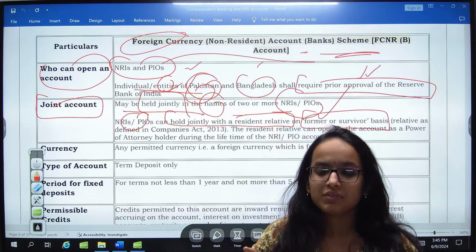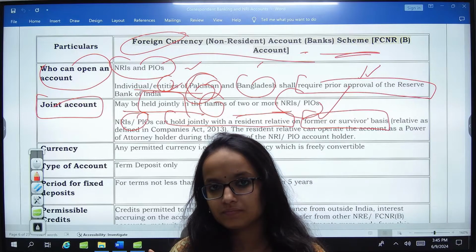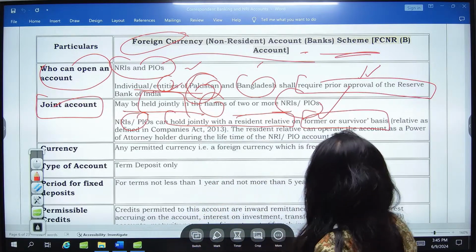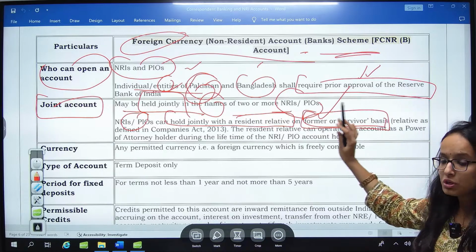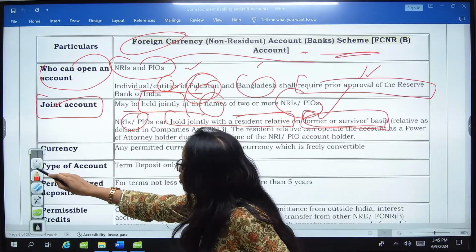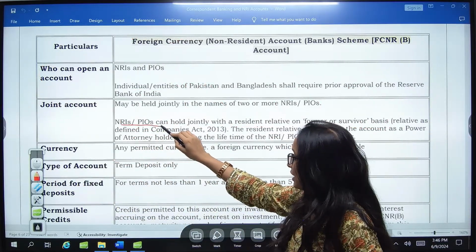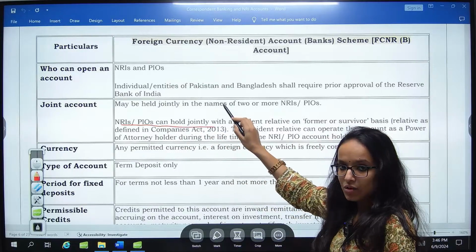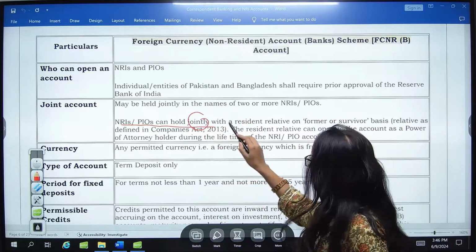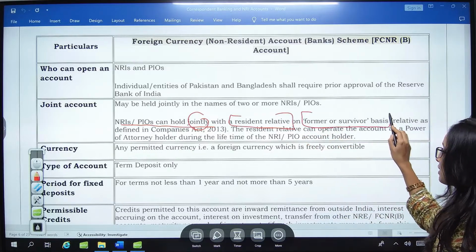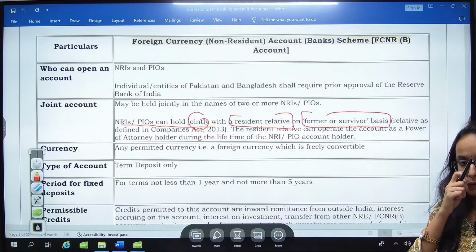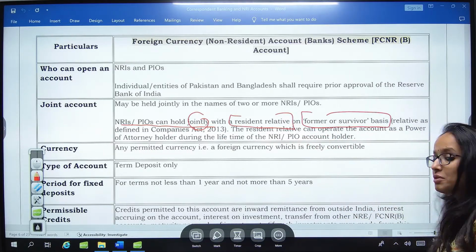Similar was the case with the NRE account, if you remember, right? So on the former or survivor basis, what does that mean? The provision says that NRIs and PIOs can hold this account jointly with their resident relative, but on a former or survivor basis. Okay, what is this former or survivor basis?